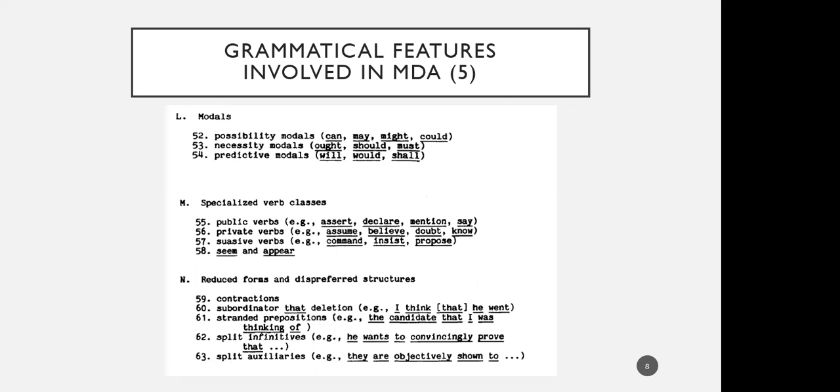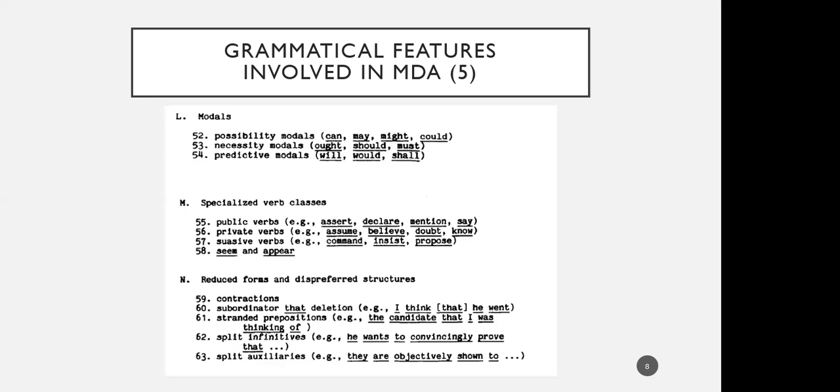Then private verbs, which express intellectual states. So this class also corresponds with verbs of cognition used in other studies. And the examples of such verbs are believe, discover, doubt, and so on.